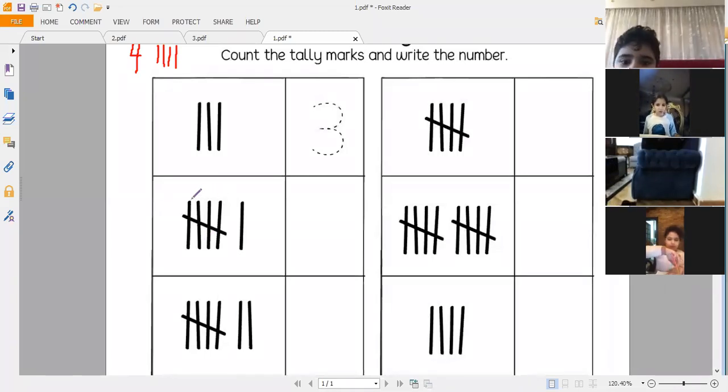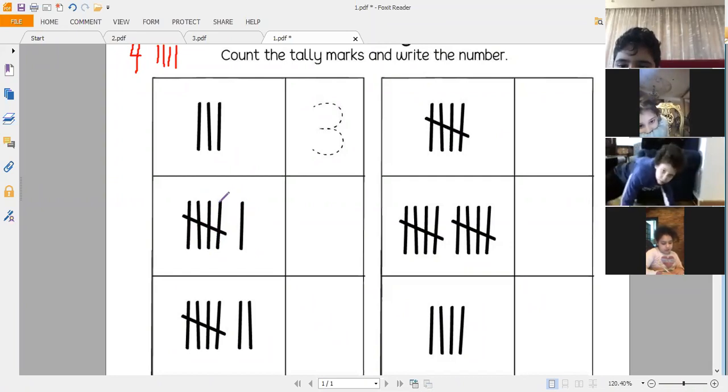Okay, let's count again. Look at the screen. 1, 2, 3, 4, 5.